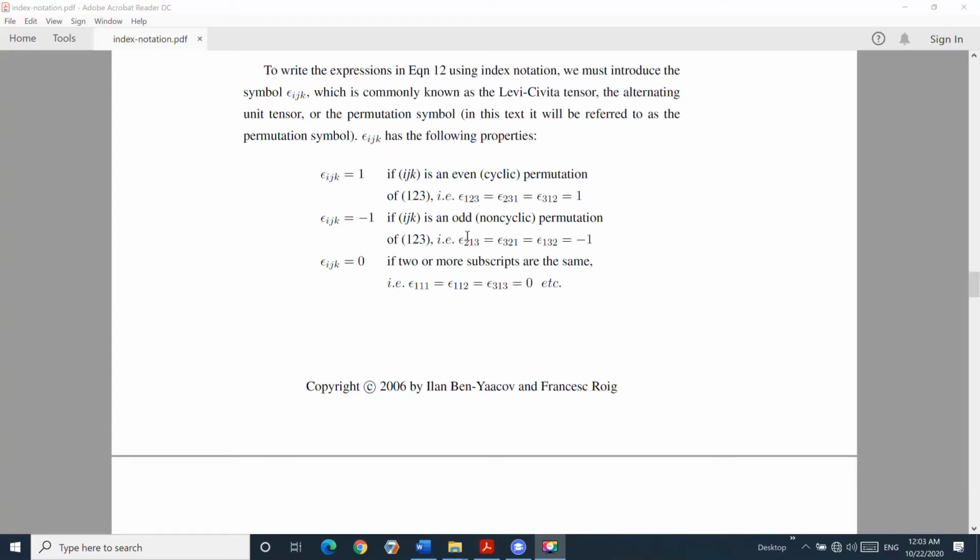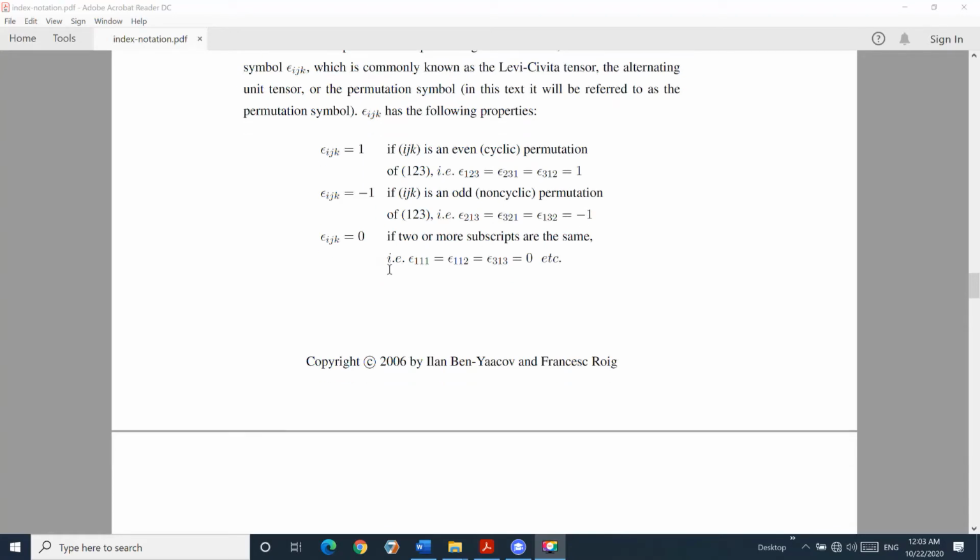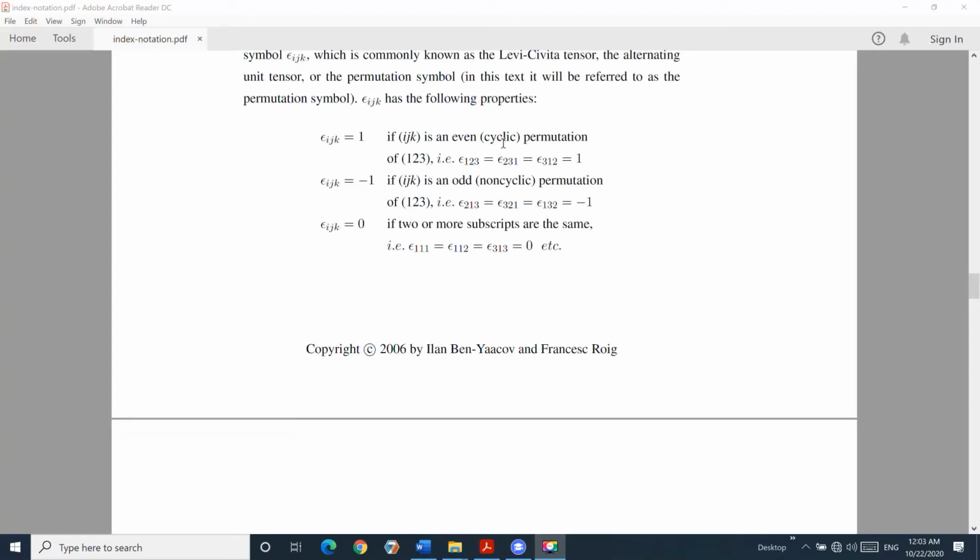If it is odd, 2 1 3, 3 2 1 and 1 3 2, it gives minus 1. Otherwise, if it is 1 1 1, 1 1 2 or 3 1 3, it gives 0. These are the three important properties of this permutation concept.